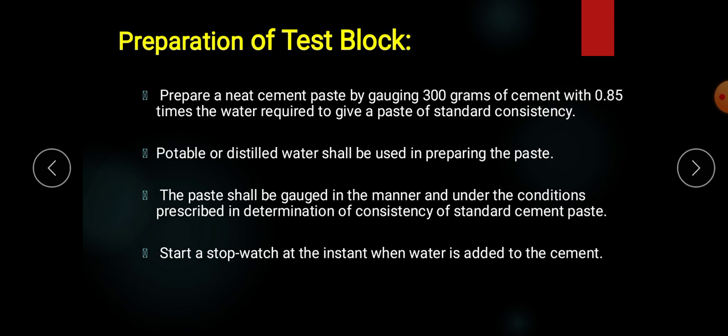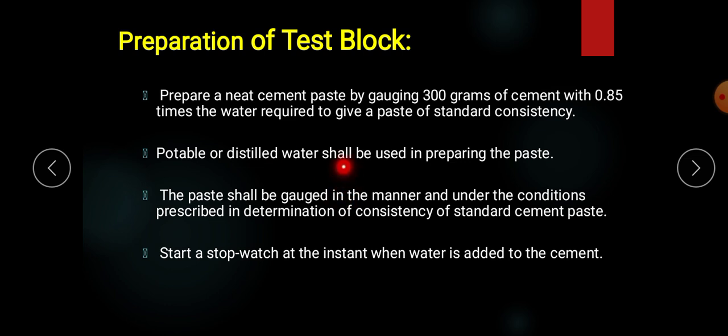So we take 300 grams of cement and add water to it, 0.85 times the water required for standard consistency. The water used should be potable or distilled water in preparing the paste. The paste shall be gauged in the manner and under the conditions prescribed in the determination of consistency of standard cement paste, which means we need to maintain proper gauging time. What is meant by gauging time?